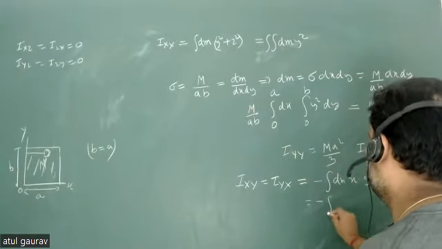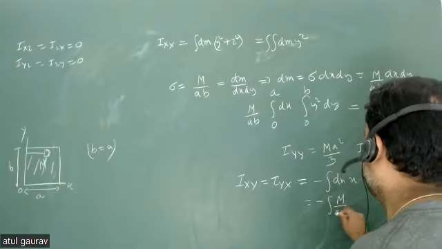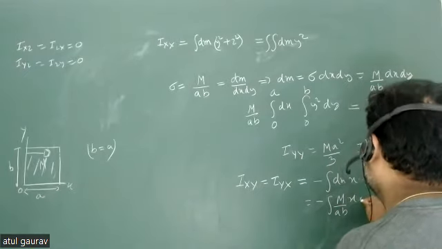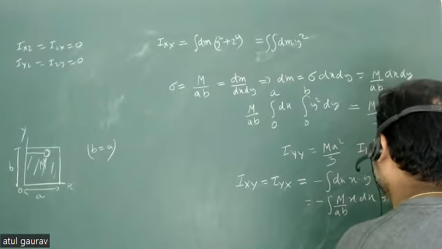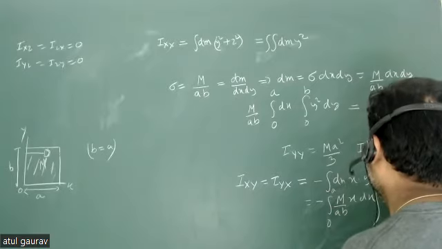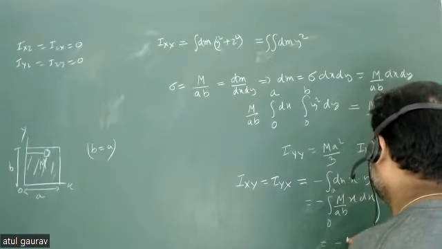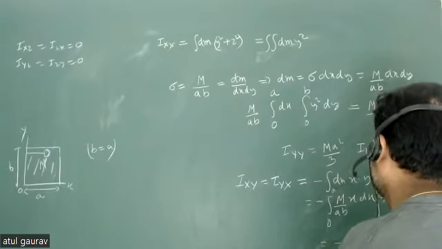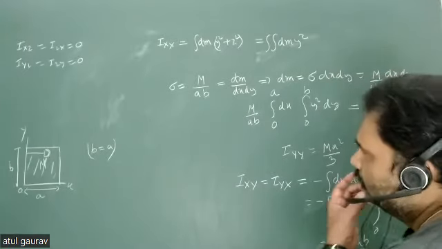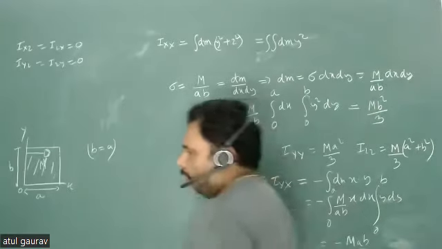And this value is integration m upon ab, x dx, y dy. We will go for 0 to a, and 0 to b. So that value is minus m ab by 4. Is this coming? So this is my moment of inertia tensor.